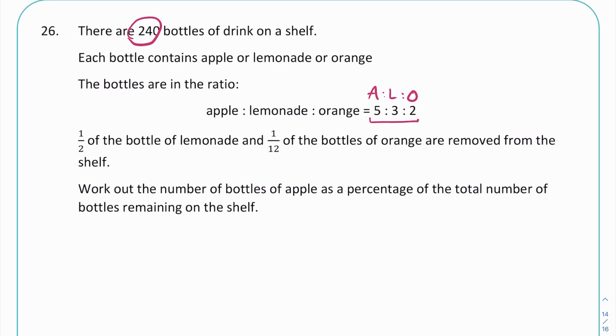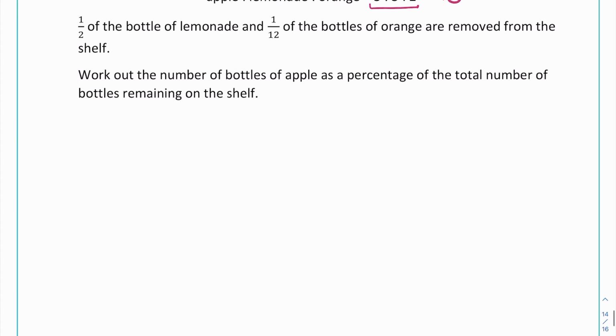So 5:3:2, that adds up to 10. So there are 10 parts in total. So if we do 240 divided by 10, we know that every part is 24 bottles.